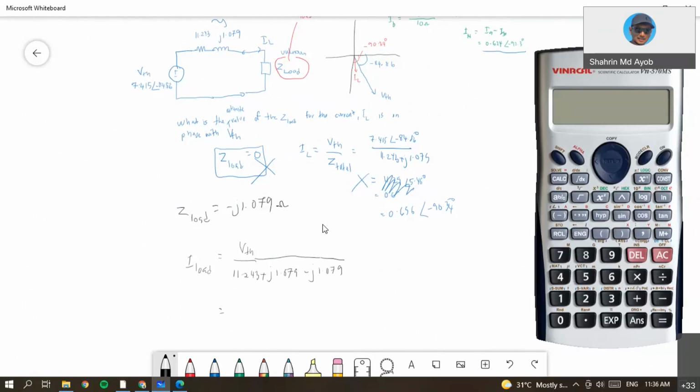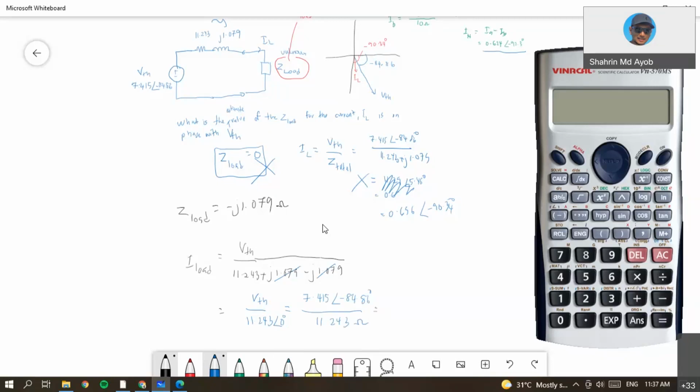Right now the reactive parts cancel out, because positive and negative, so the denominator is 11.243 with an angle of 0, because only resistor exists. The numerator is 7.415 with an angle of negative 84.86, over 11.243 ohm.